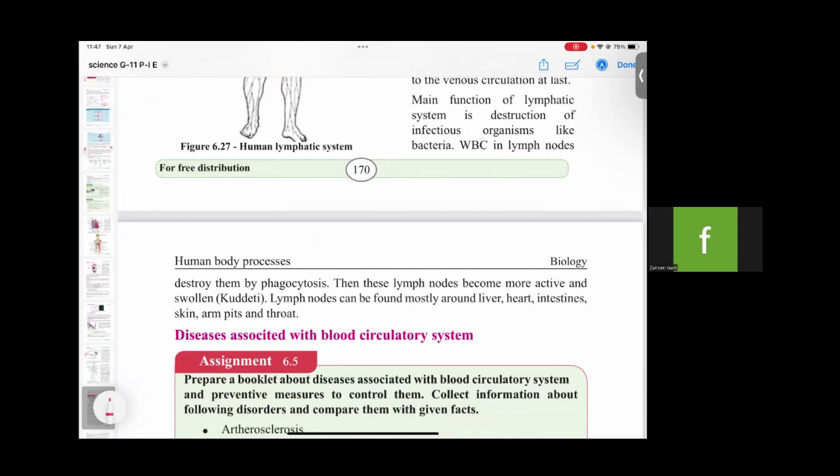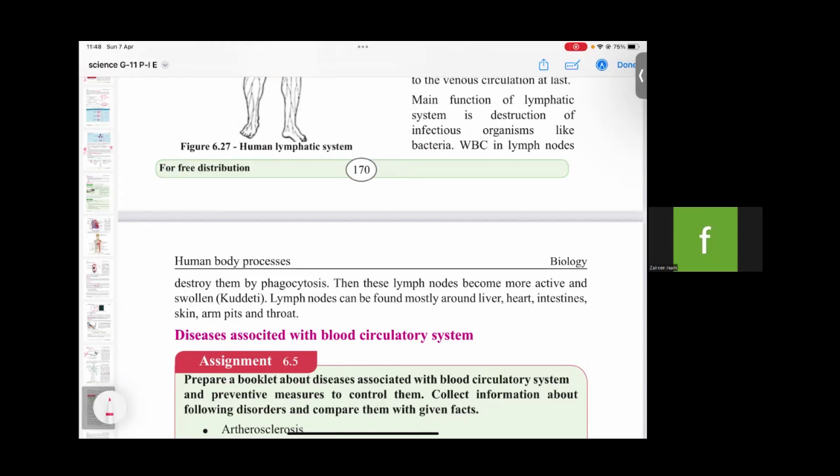Therefore, whenever you have some infection, you have nodes in some places, like below your ear and in your groin area. These are nodes where there is a fight between the bacteria and our lymph.